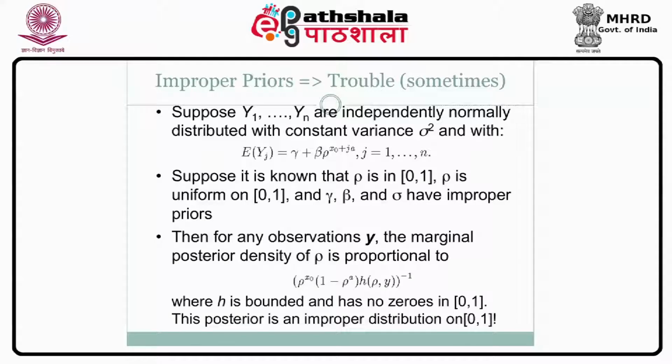So what is the conclusion? The conclusion is that even if you start with some improper prior distribution, combining with the likelihood in some situations will give you a proper posterior so that you are able to draw inference properly. But in some situations like this example, an improper prior will lead to an improper posterior, so inference will be totally wrong in that case.